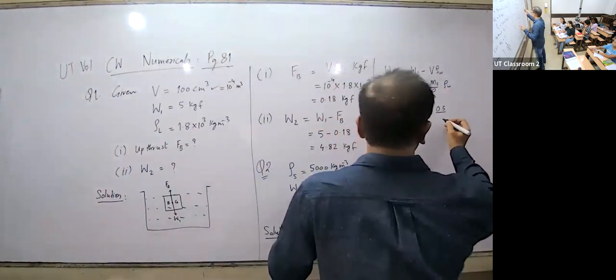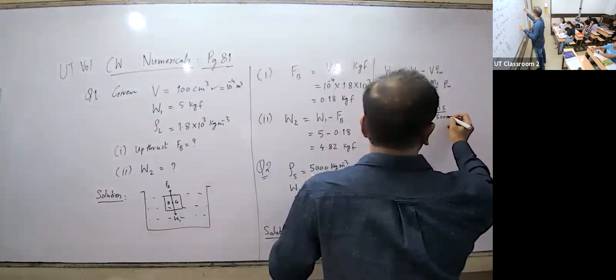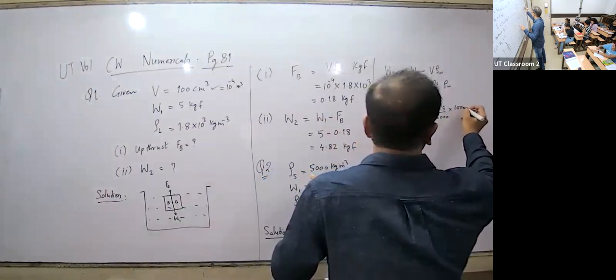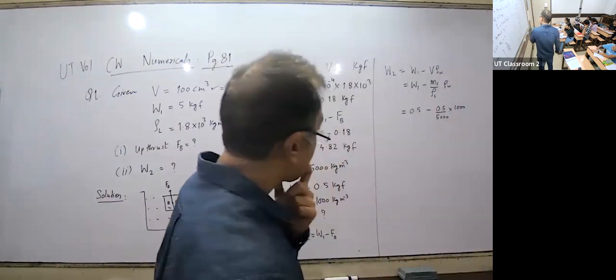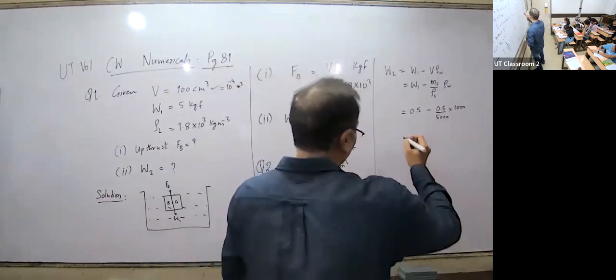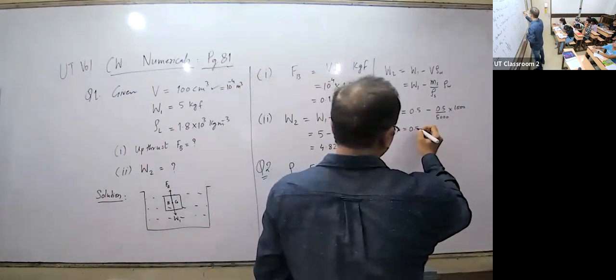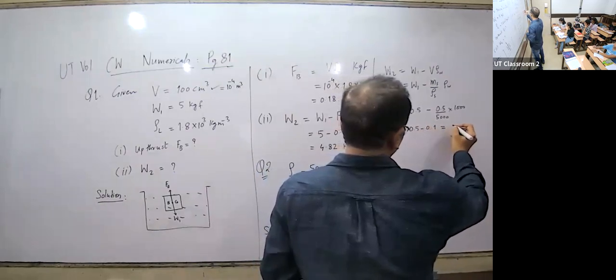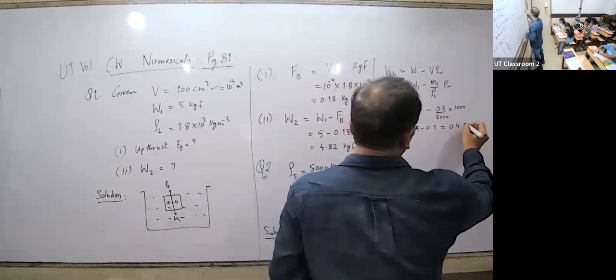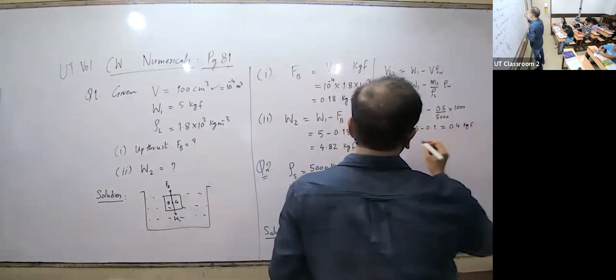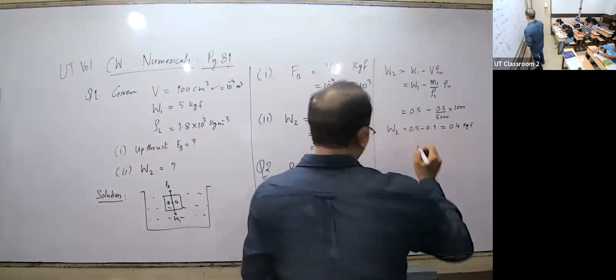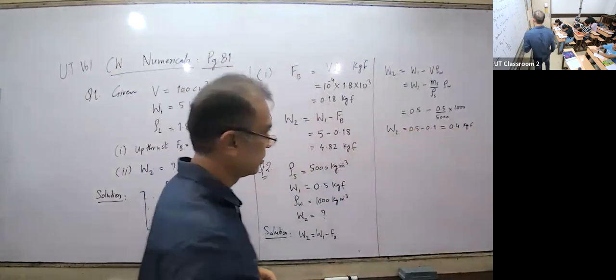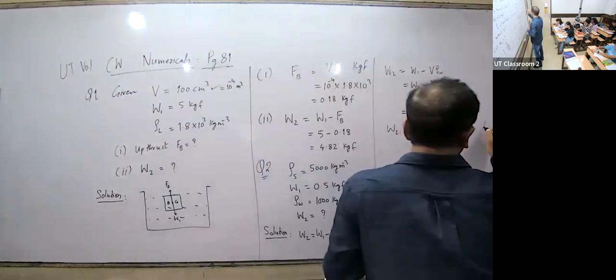Density of solid is 500, density of water is 1000. So what we will get is 0.5 minus 0.4. We get 0.4 kg. This is the weight in water.